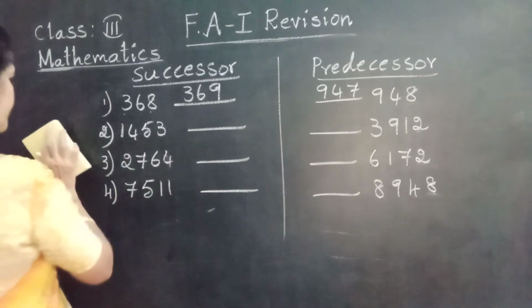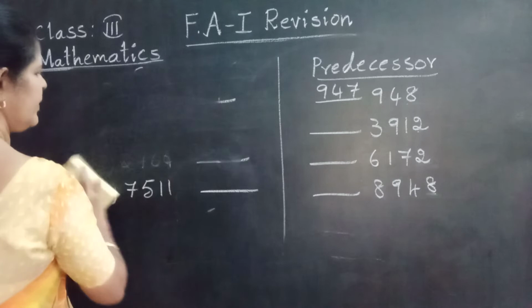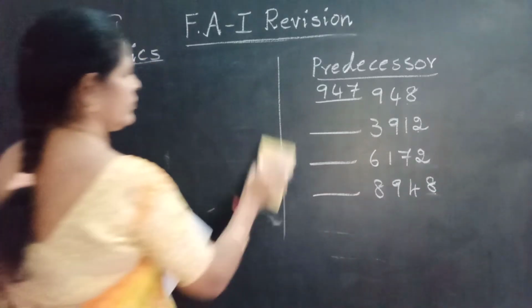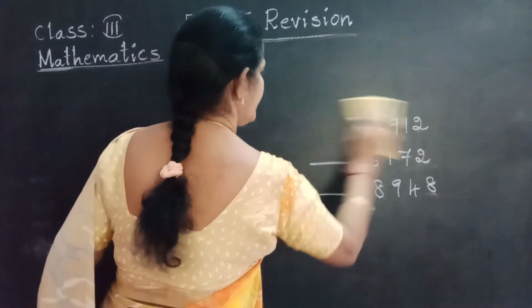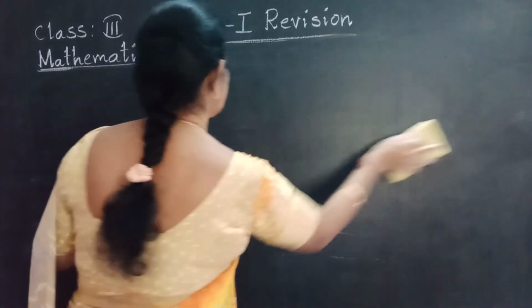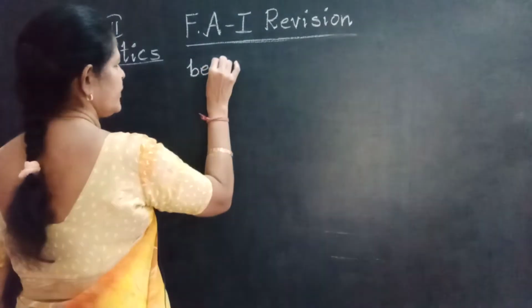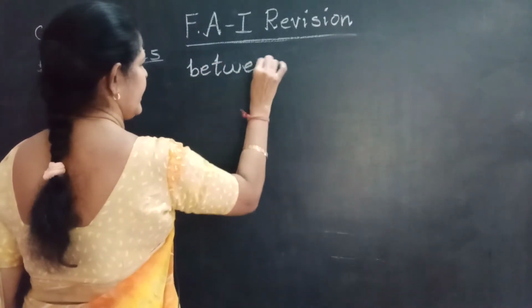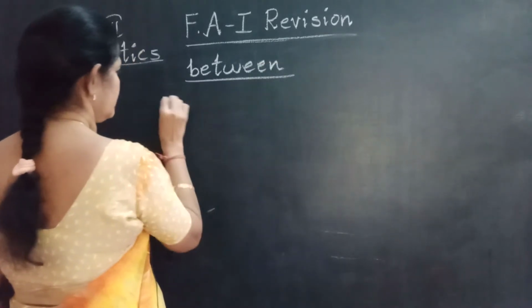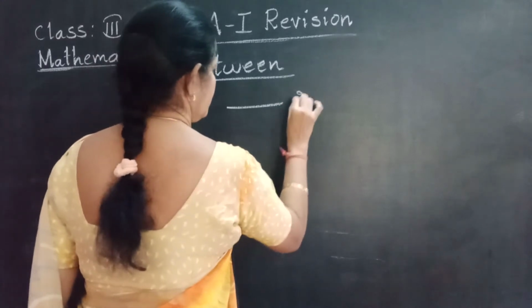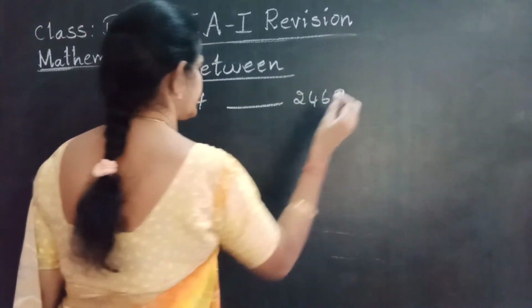Between means middle number. The number which comes after, which comes before. I show you that one also. Between number of given two numbers. Between number 2467 and 2469.